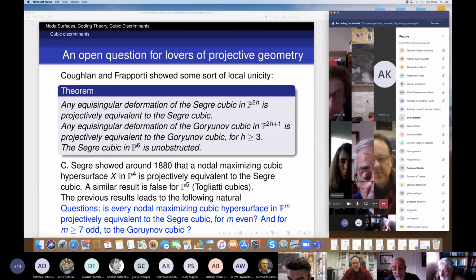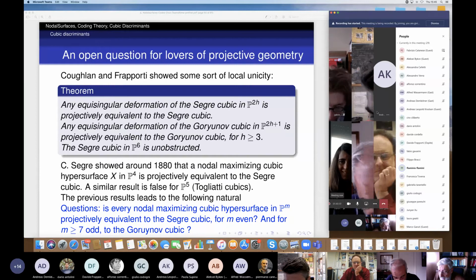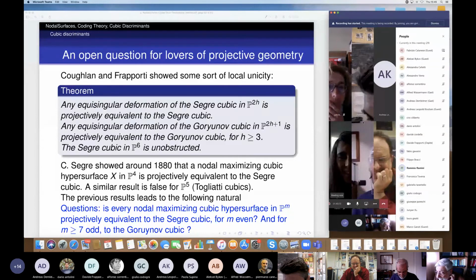If the chairman allows me just two words, not a question, because I was the proponent of this colloquium, and there is a relation with what Ciro said before.